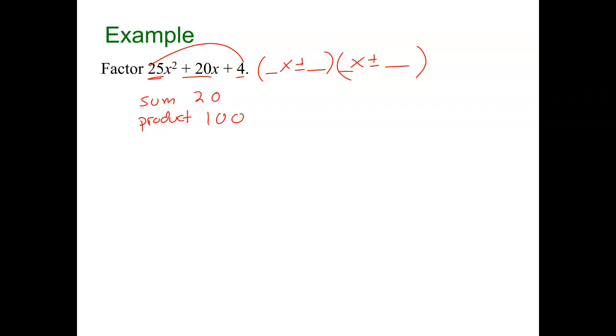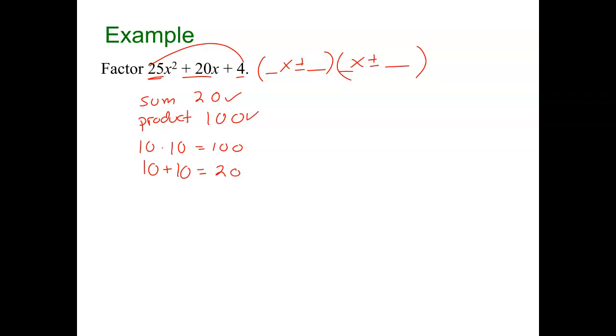So we're going to multiply A times C. We're going to take 100 and find numbers that multiply to give me 100 but add to give me 20. What 2 numbers do that? 10 times 10. Okay? So 10 times 10 gives me 100. 10 plus 10 gives me 20. Okay? So I'm going to use 10 and 10.